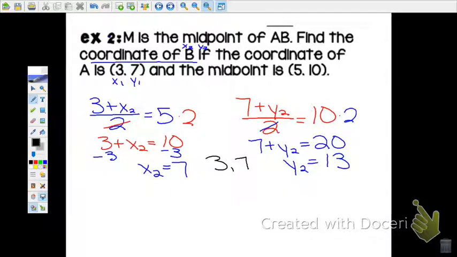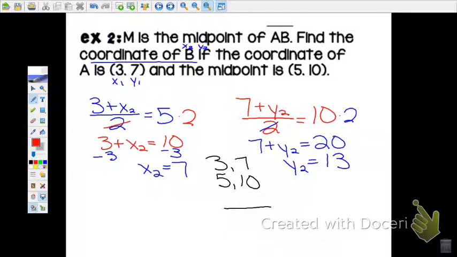Then, following that segment along, we get to our midpoint, which is 5, 10, and then we're trying to find that other endpoint. If we're looking to the middle, we're going halfway, or an equal distance. We get to the midpoint, then we have to repeat that same distance and keep going.